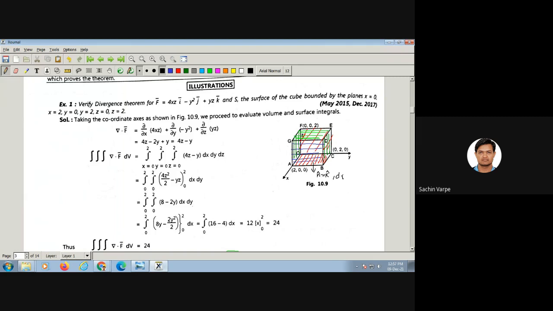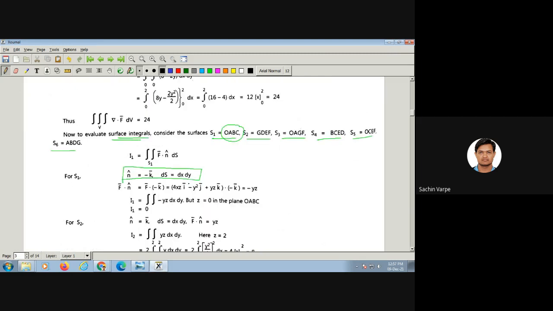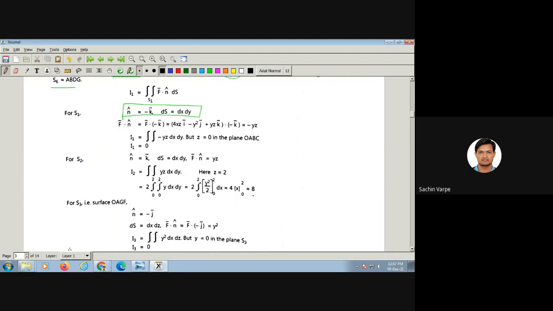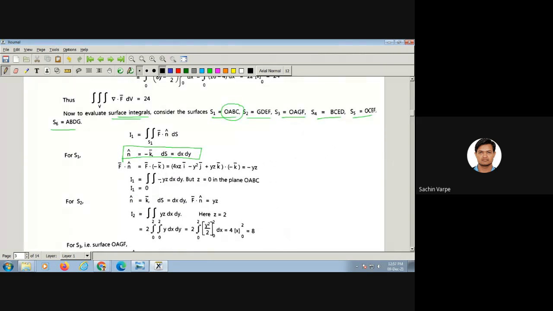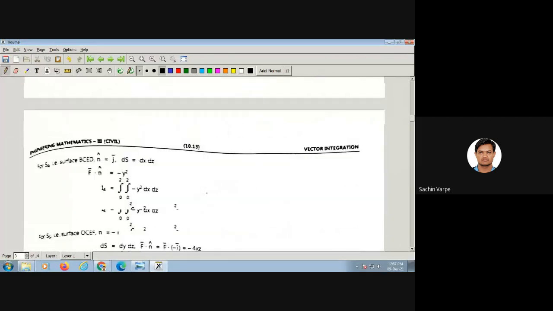And what is the area element there? ds is dx dy because that is in the xy plane. Is this clear? So we use that n cap and ds to calculate the surface integral over S1. Similarly, for S2, S3, S4, S5, and S6, we calculate according to their limits, and we get the final result.